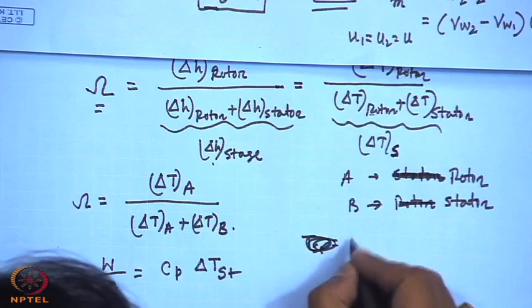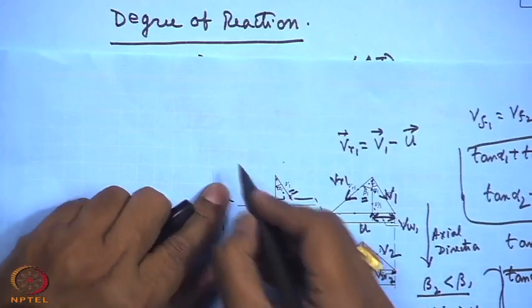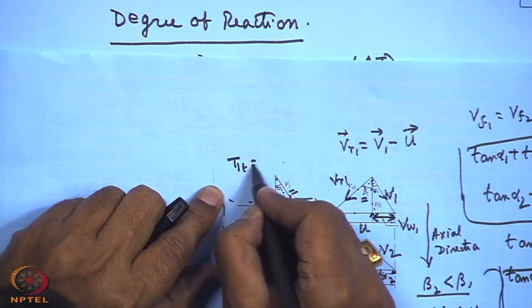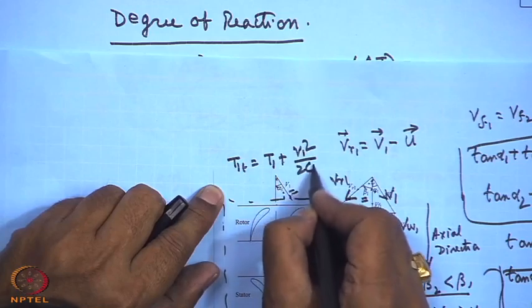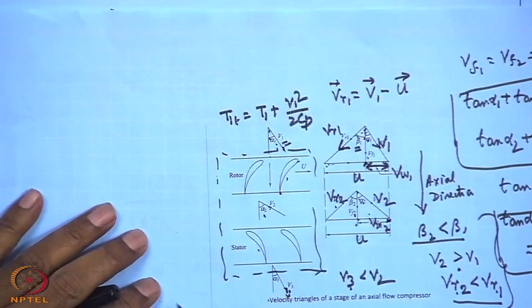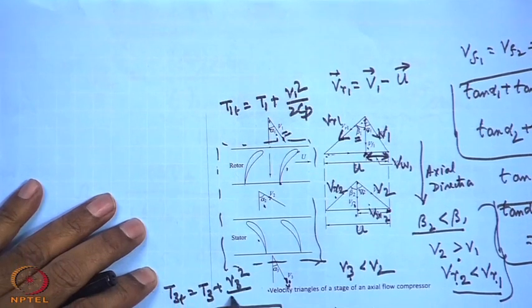Now, I write the total temperature here. Then T1T is T1 static plus V1 square by 2 Cp. Similarly, here T3T, the total temperature, is T3 plus V3 square by 2 Cp.